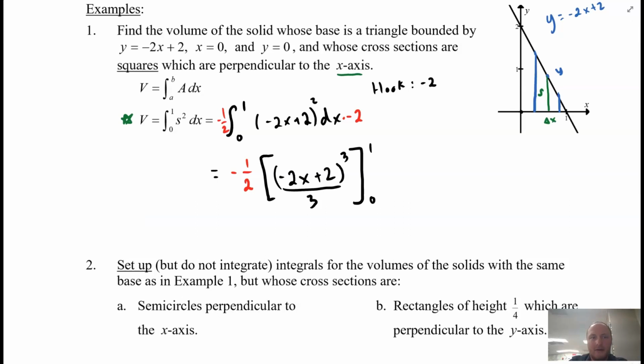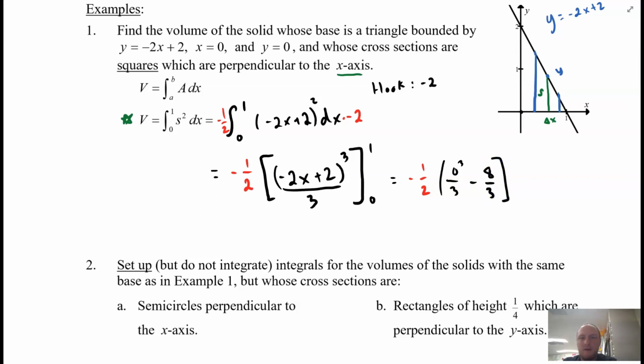So I'll go ahead and compute this. Negative 1/2 times, if I plug in 1 here, we get negative 2 plus 2, that's going to be 0, right? 0 cubed over 3, minus, if I plug in 0, we get 2 cubed, which is 8 over 3.